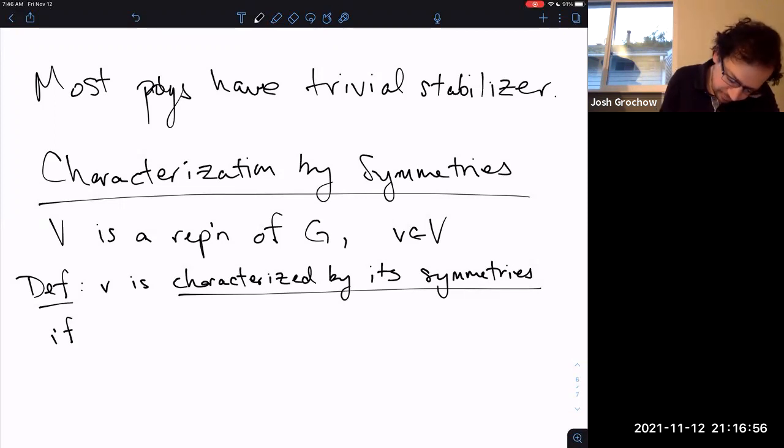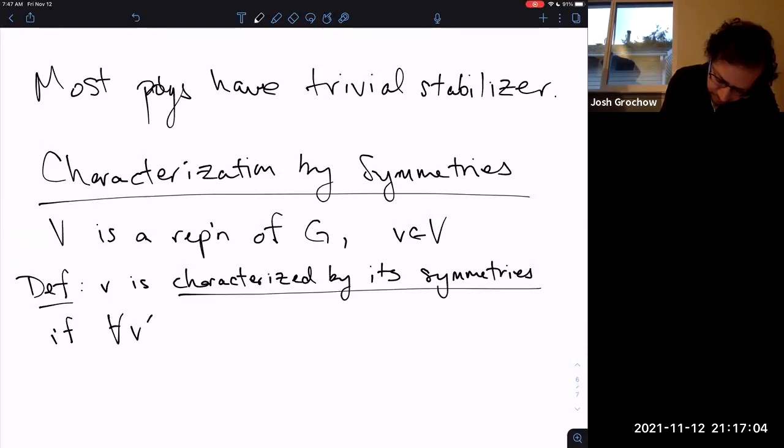So if, for all v prime, if G stabilizes v, then G stabilizes v prime.